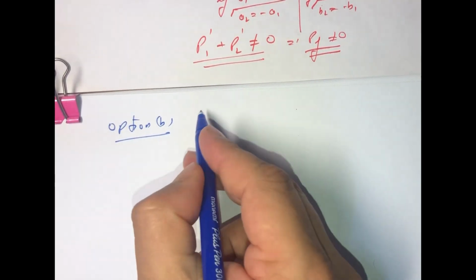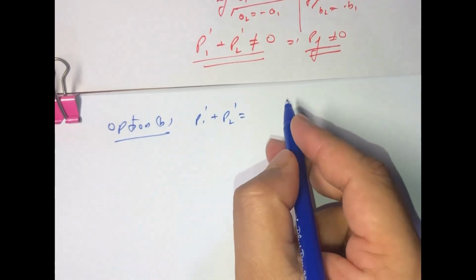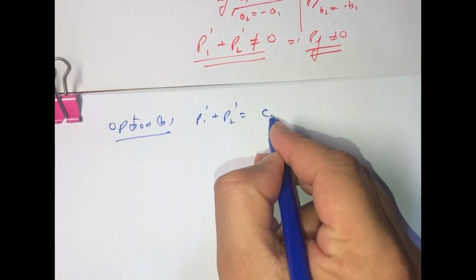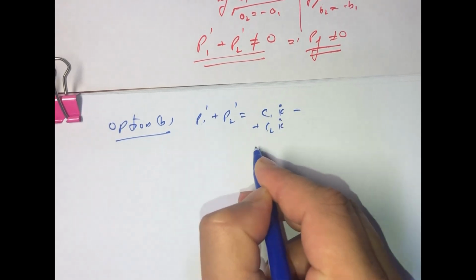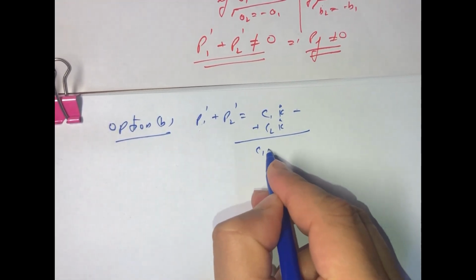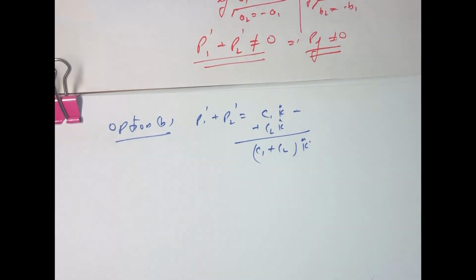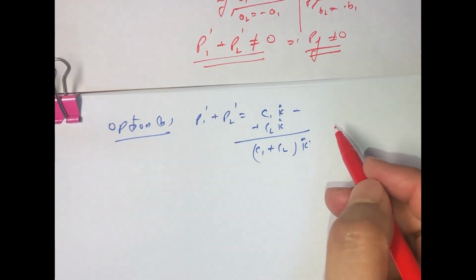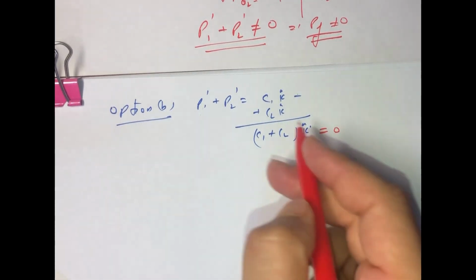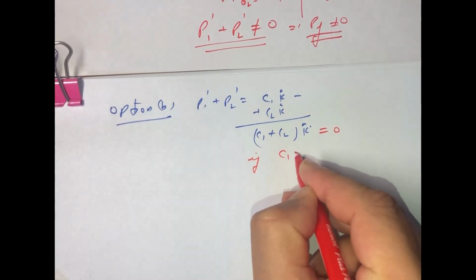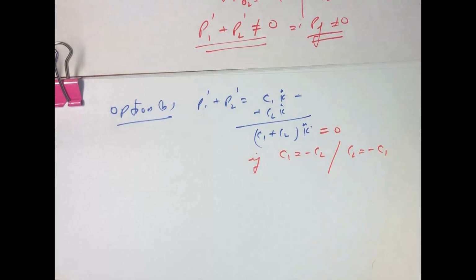Say option B, we have p1 prime plus p2 prime. It will be coming as c1k prime plus c2k prime, and their addition gives us c1 plus c2 k prime. And this can be equal to 0 if c1 is equal to minus of c2 or c2 is equal to minus of c1.